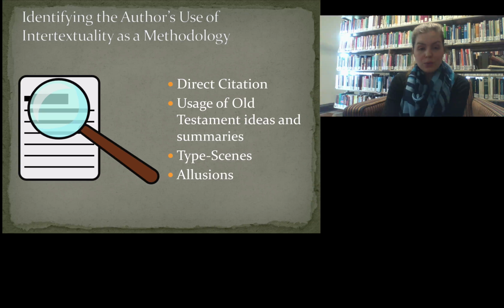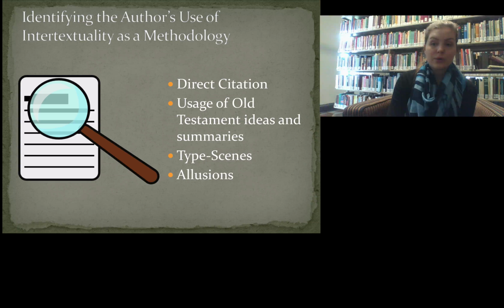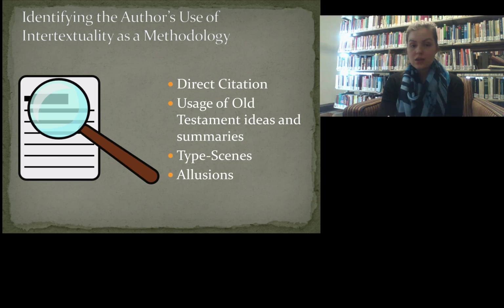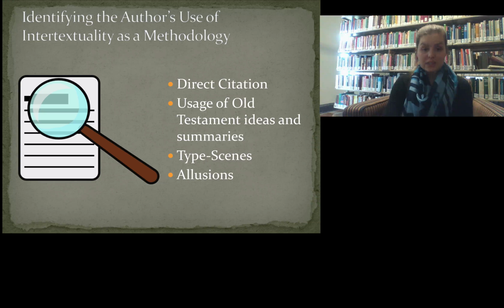The second one is seen in the way the New Testament writers use phrases and summaries of the Old Testament teachings. A problem with this is that if one had no prior knowledge of the collection of texts that we now know as the Old Testament, then these references may go entirely unnoticed. The third example of intertextuality is the use of type scenes.